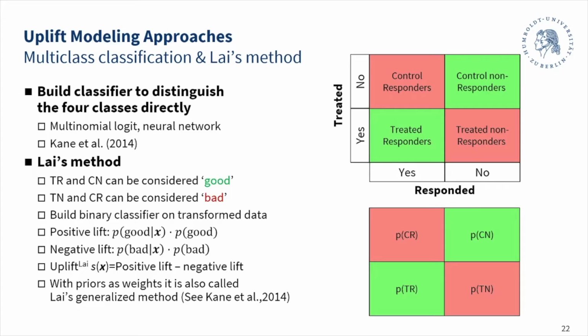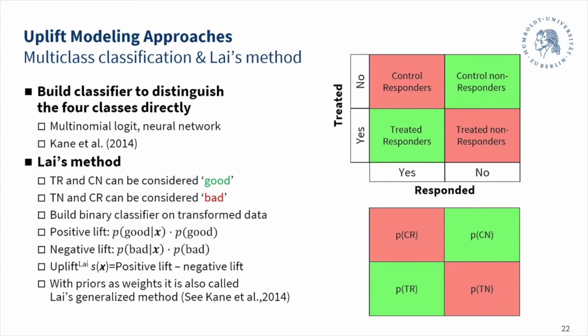It's yet a different indication that the treatment is useful. After all, there were people who were not treated and they didn't buy. It's also some sort of evidence that the treatment works. So these 2 groups, the treated responders and the control non-responders, Lai was arguing these are the good guys. Well, not really the good guys. These are the ones that support the efficacy of my treatment, of my marketing action.